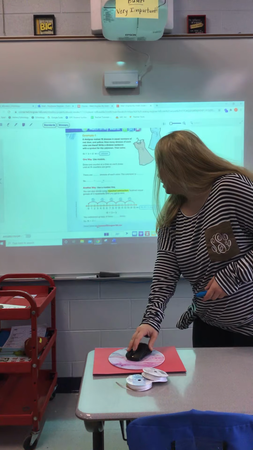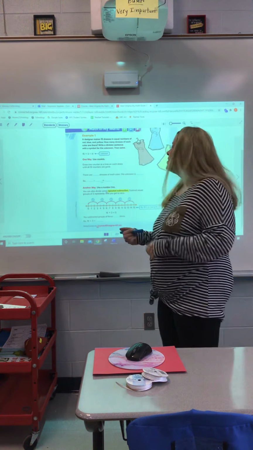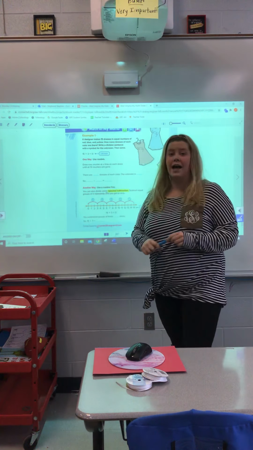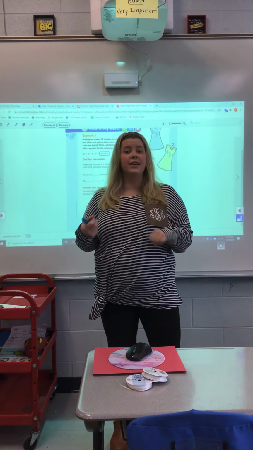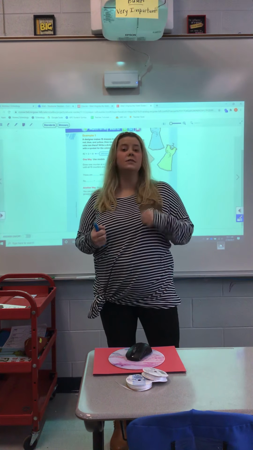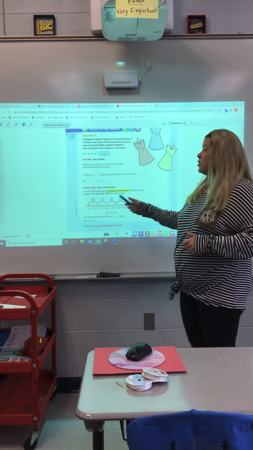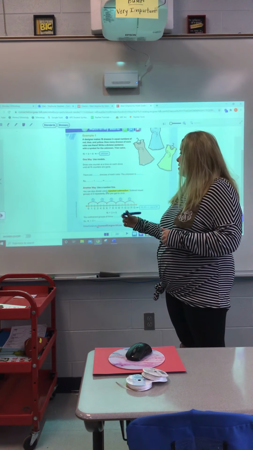So scroll down to the bottom of your page. Actually, I scrolled. You just look. And it says another way. Use a number line. So this is the first way that we can use repeated subtraction to figure out division. You can also divide by using repeated subtraction.